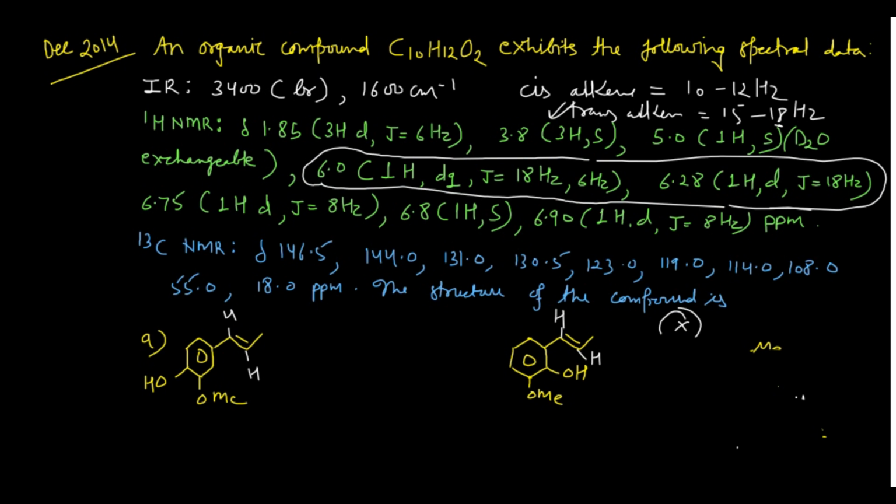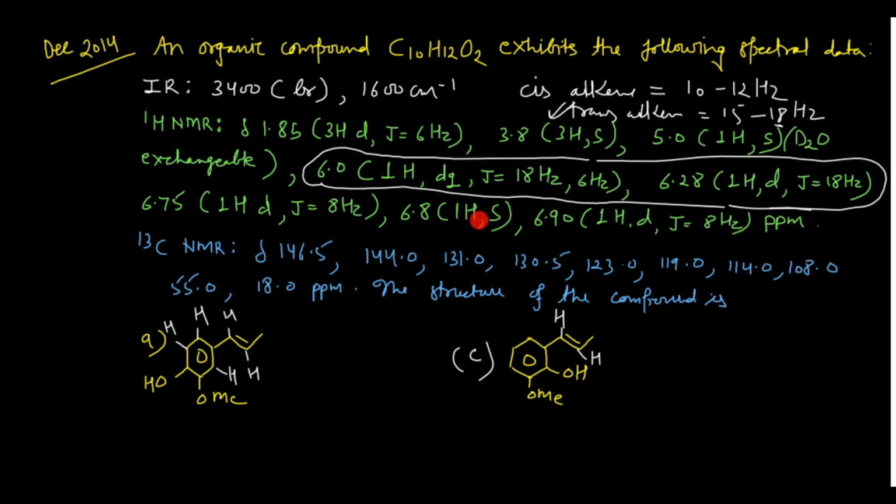Now there is a close competition between A and C. Which one would be the correct one? This was your C. Now we have to select the correct option. I can put one hydrogen here, one hydrogen here, and one hydrogen here. If you focus on what the question says, at 6.8, one hydrogen singlet.